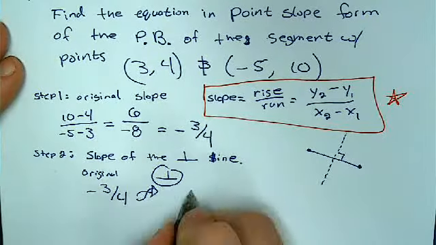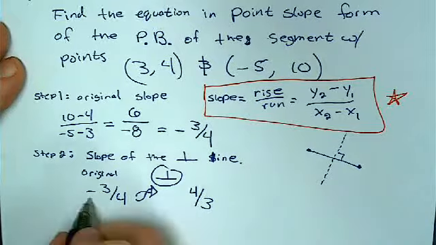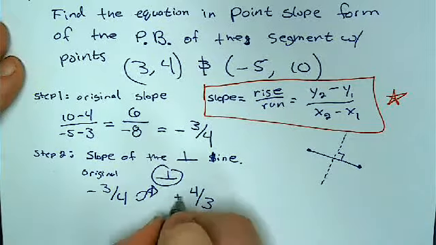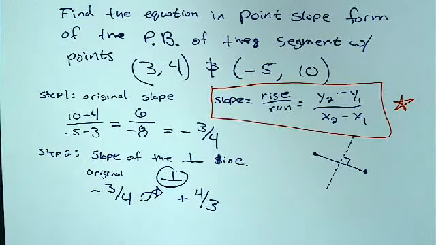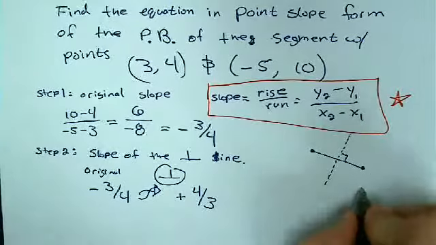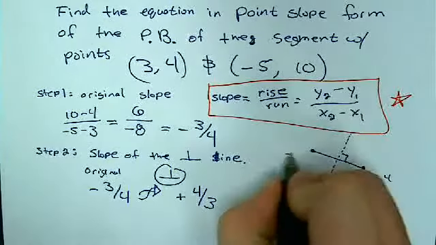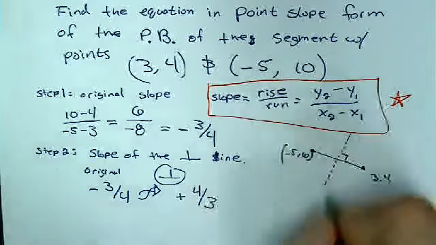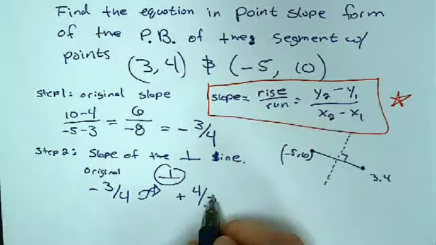I'm going to take the reciprocal and change the sign from a negative to a positive. So this new line here, the perpendicular bisector that cuts through this segment, which is 3, 4, and here's negative 5, 10, that guy right there is going to have a slope of positive 4/3.